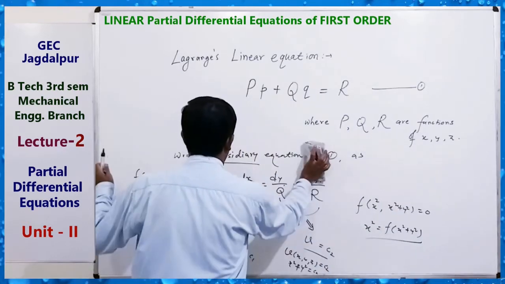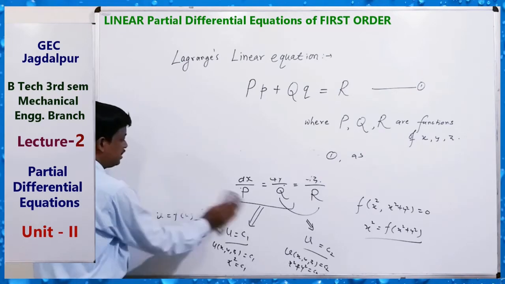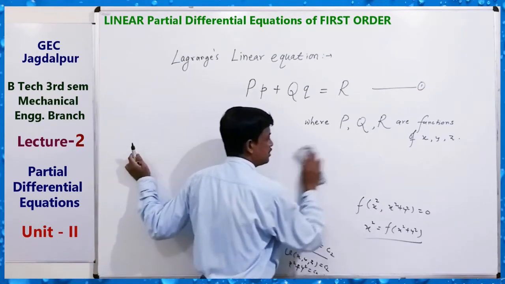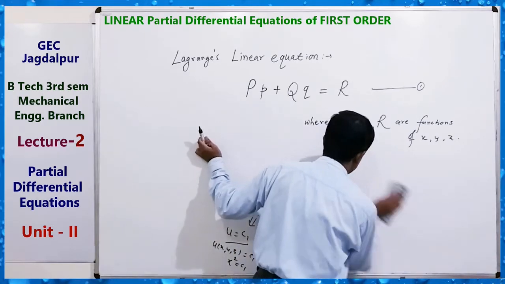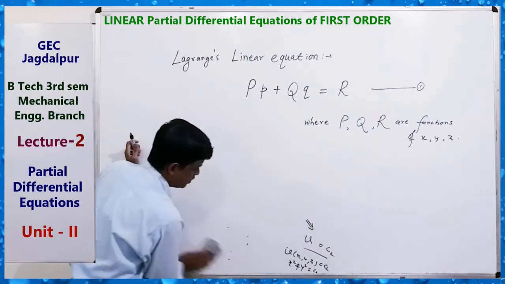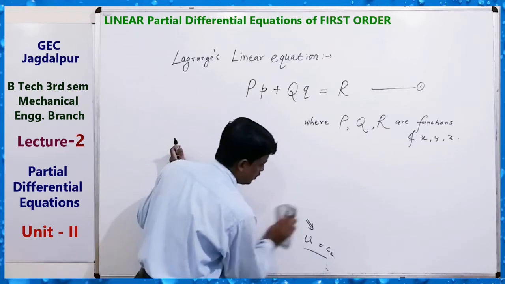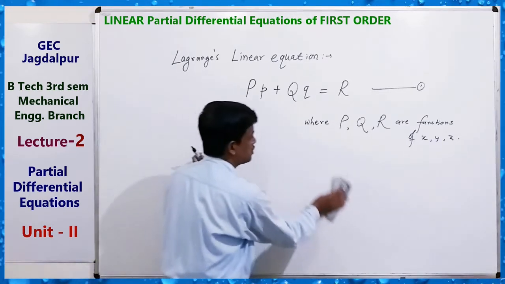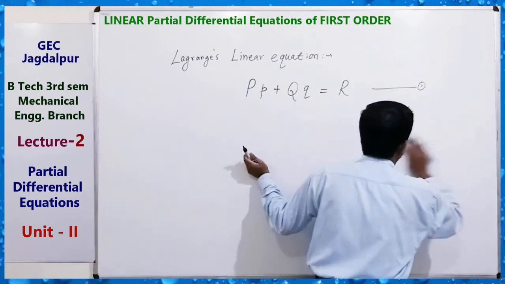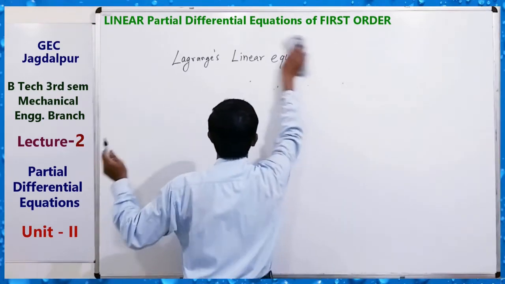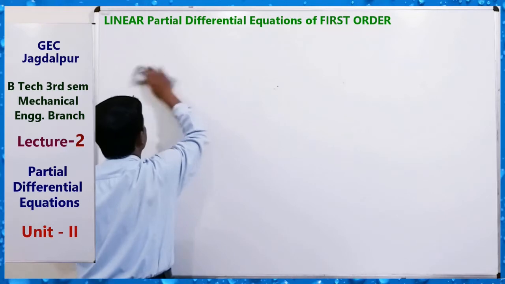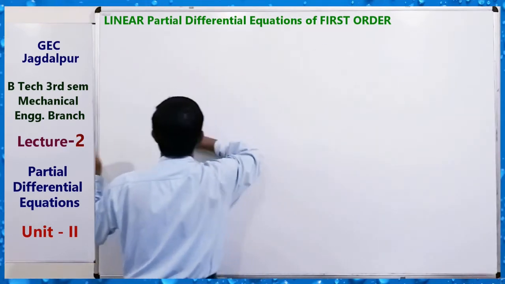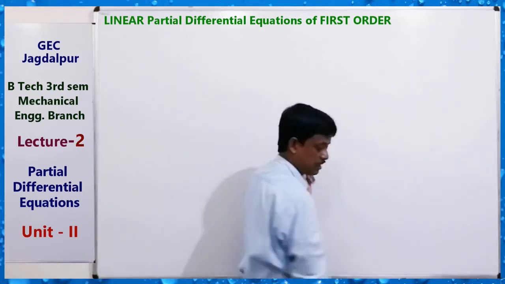So first write the subsidiary equation, then taking any two fractions from it, get two solutions, u equals some constant and v equals some constant, then write the solution as F of u, v equals 0, the required solution.